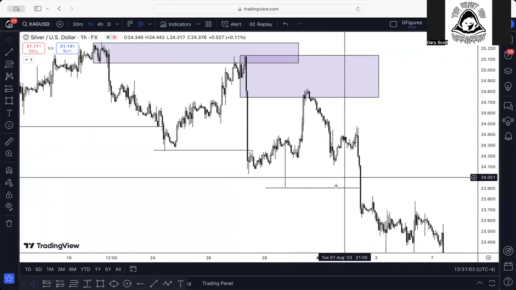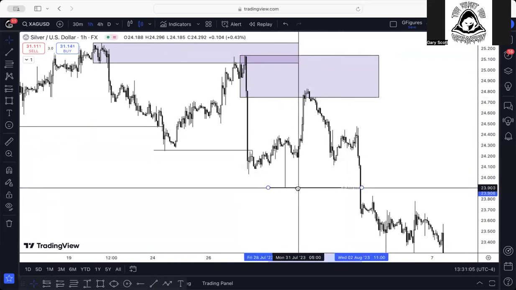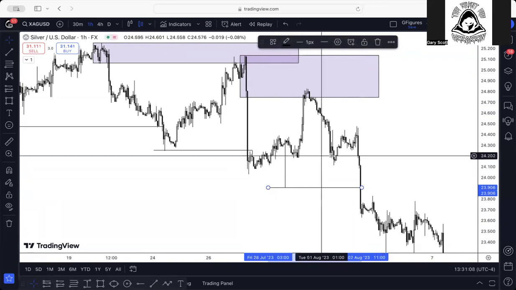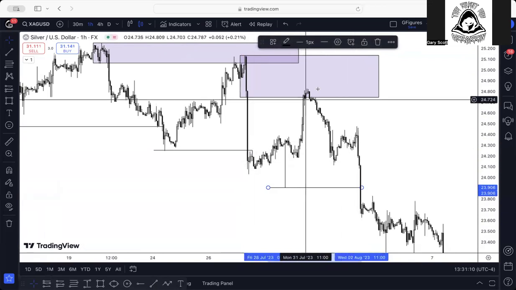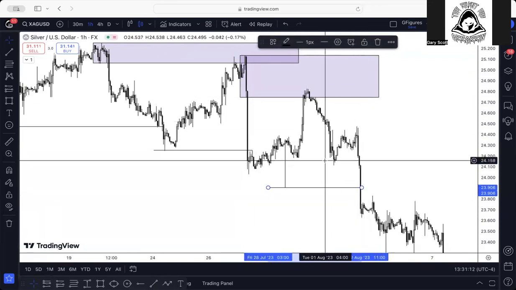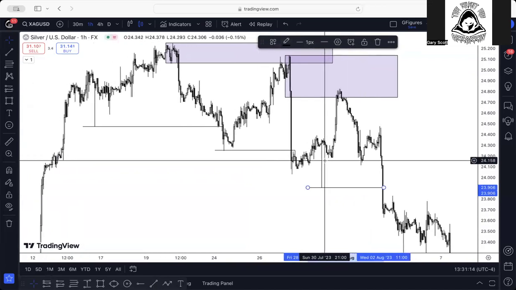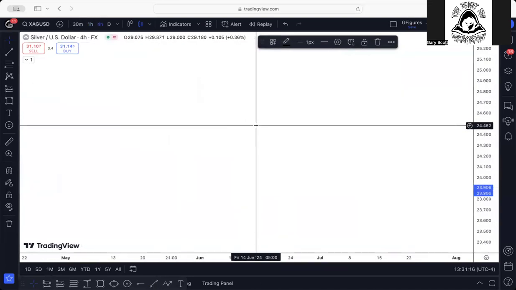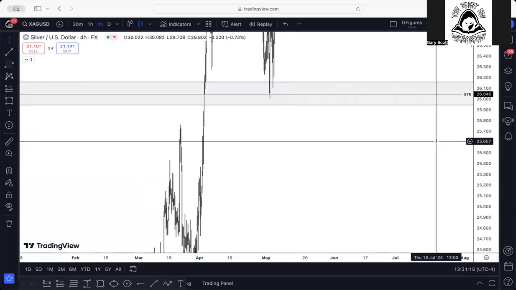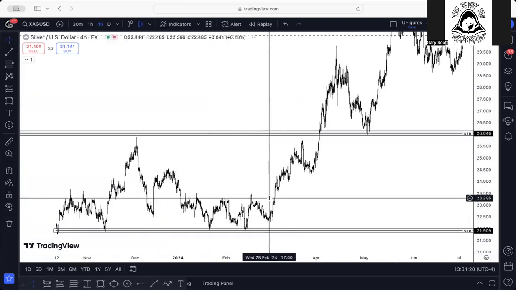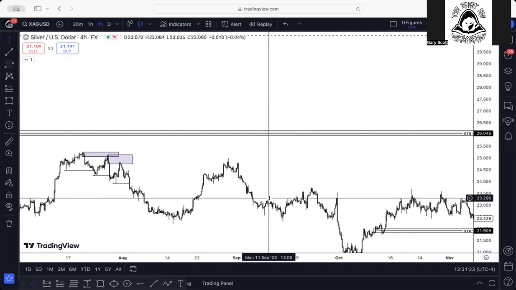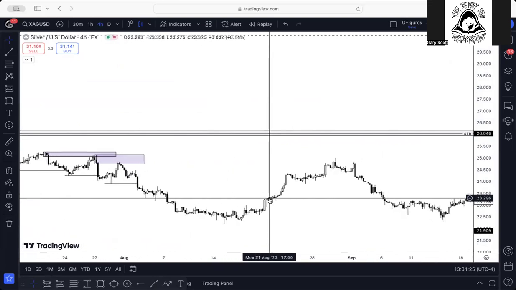And where are we taking it? We're taking it below, to the lows. And if you see that, guys, it came right back to it, took out that low, money was made. Those are your examples there.